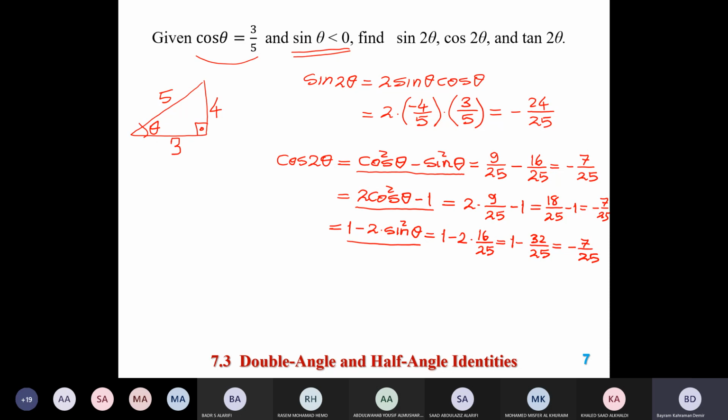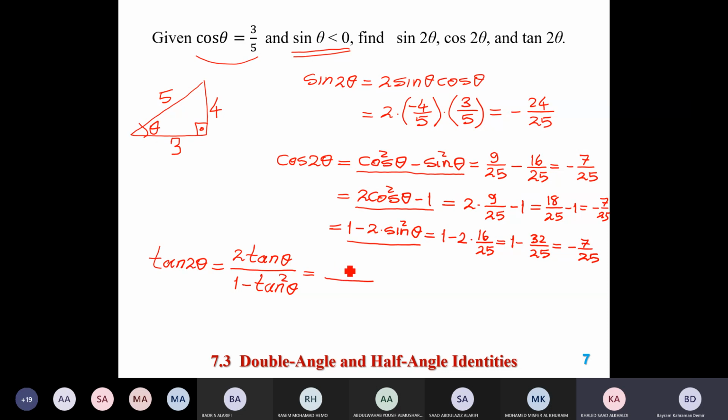All right. How about tangent of 2 theta? Let me just write it here. Tangent of 2 theta is 2 tangent theta divided by 1 minus tangent square theta. Which is equal to, everybody, how much is 2 tangent theta? Tangent theta is negative 4 over 3, right?